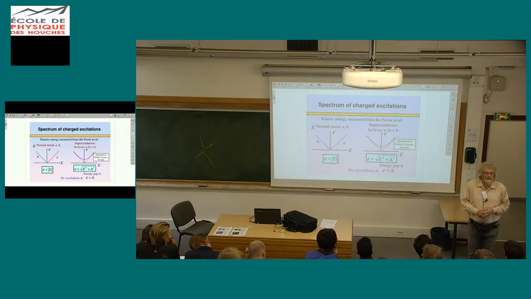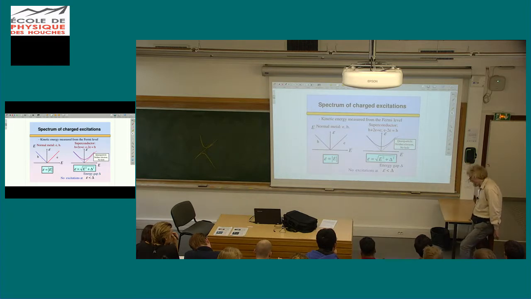Fine. Well, let us discuss analogies and differences between semiconductors and superconductors. What I've drawn here is a typical spectrum of a semiconductor, which is insulating at zero temperature. Okay?